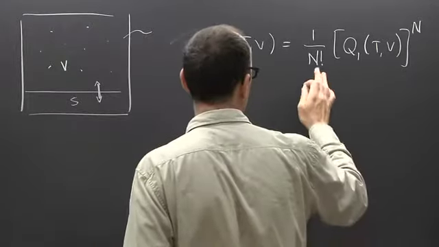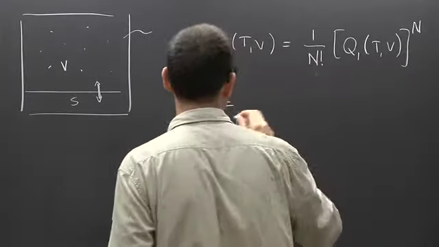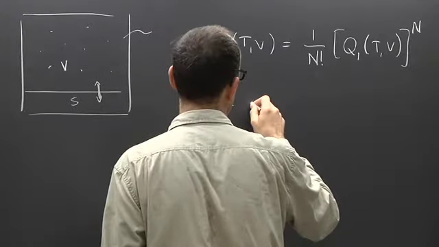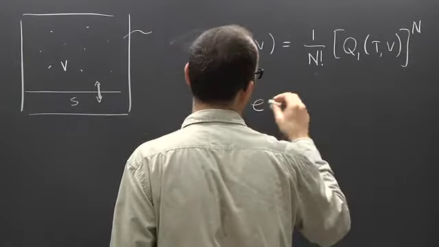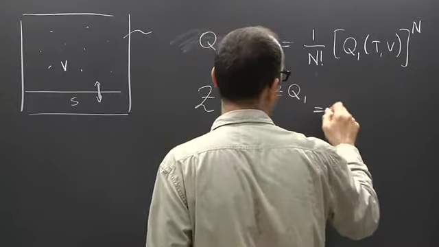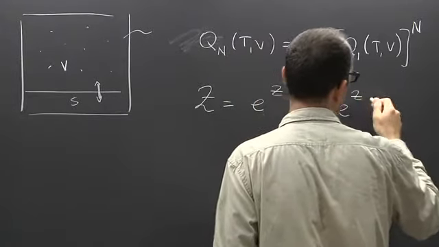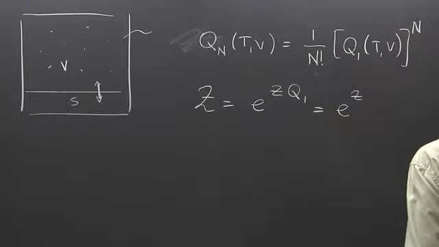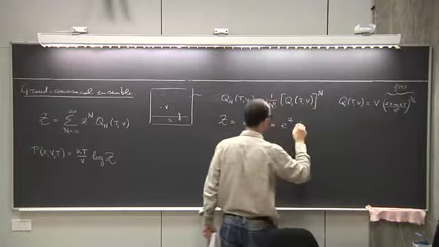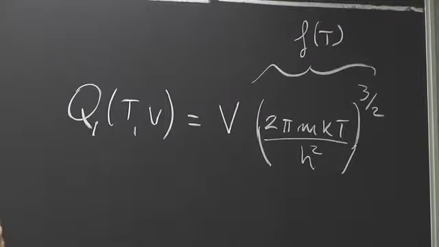So if I take this formula, the grand canonical partition function is just the exponential of z times Q1, which is e to the z times V times f of T, where I call this function f of T.